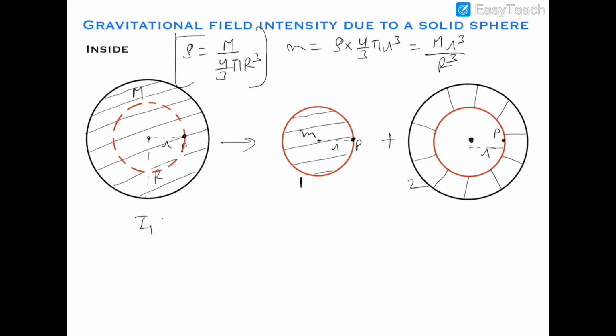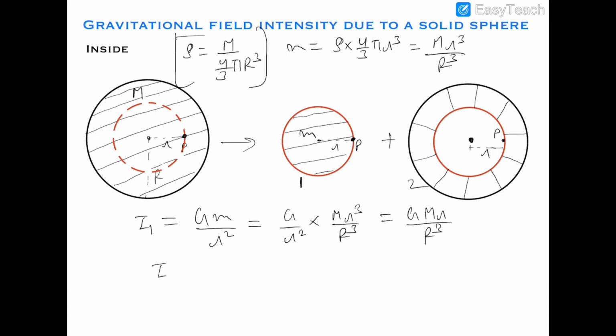So if we write the gravitational field intensity at P due to the first one, then it would be GM by r square, where r is the radius, so its radius is small r, and the value of M is M r cube by R cube. So it would be equal to GMr by R cube, I1.